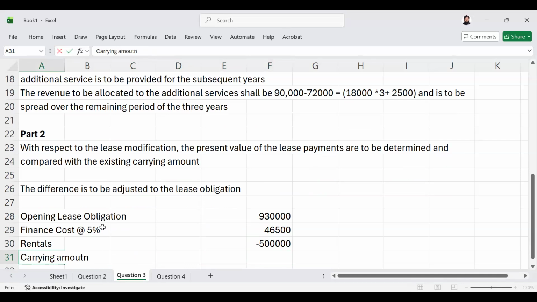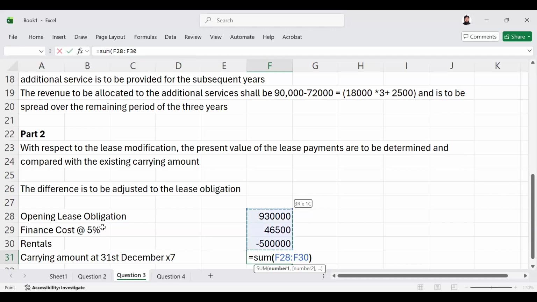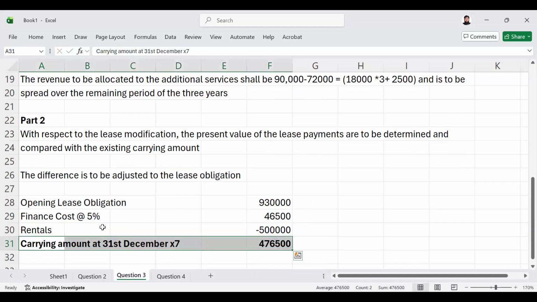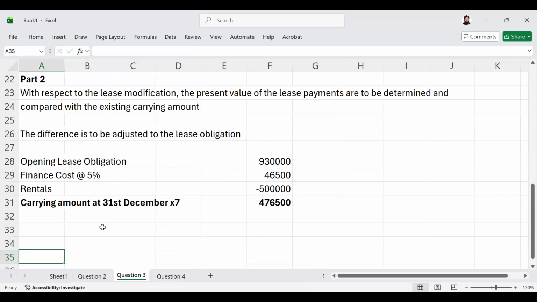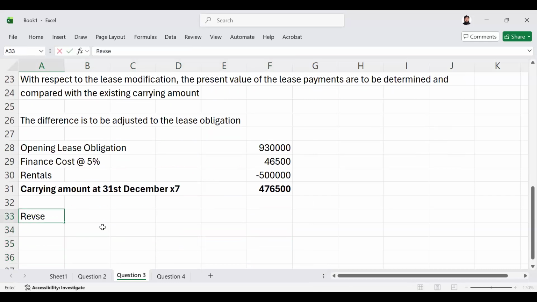The carrying amount at 31st December X7 is this, 476,500. Now, the revised carrying amount is as per note number 1.